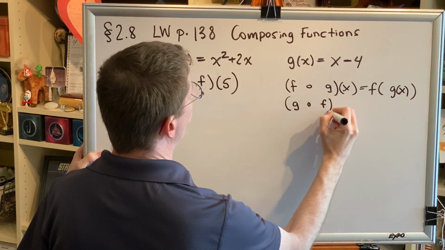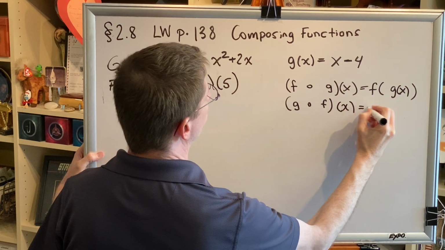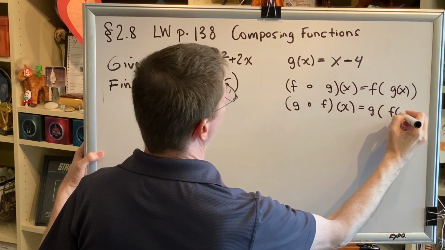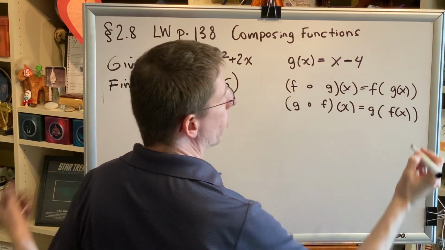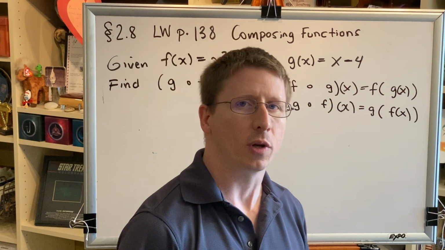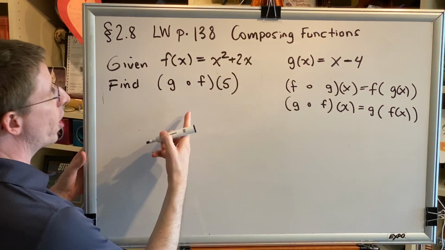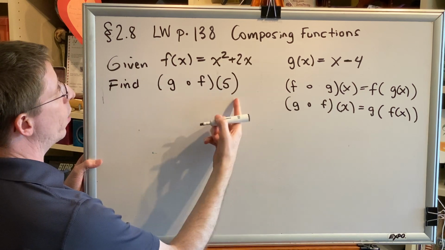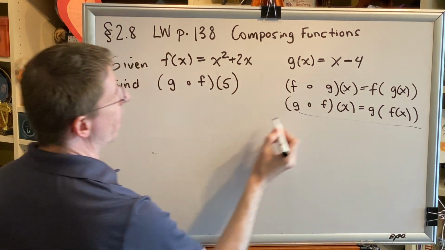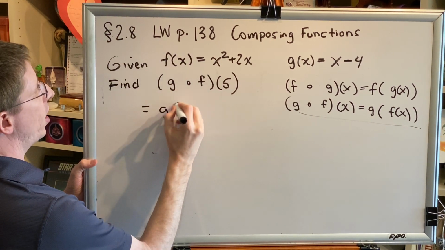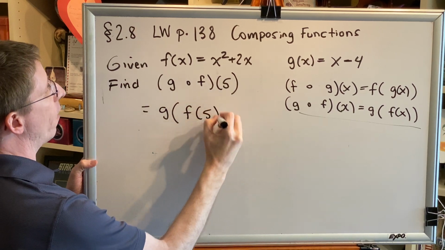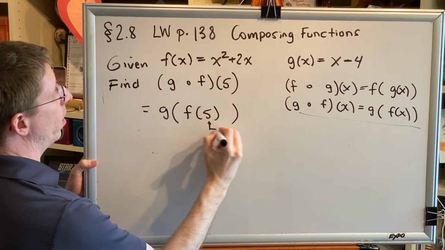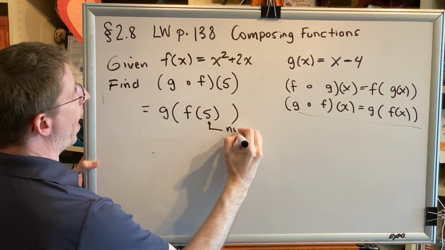G composed with f of x is equal to g of f of x. This is one of those times where math behaves exactly as you would expect that it would. So, for this problem, we're going to rewrite this using this definition, and we will get g of f of 5. This is a number, so we work from the inside out.